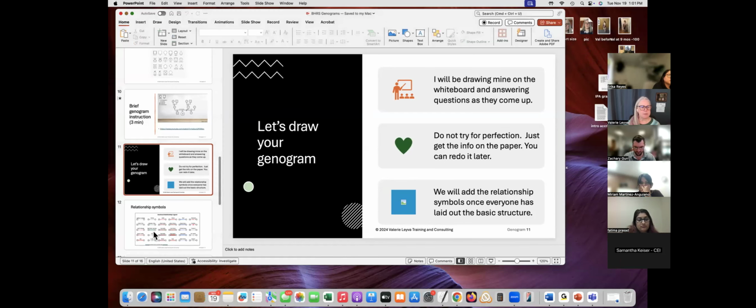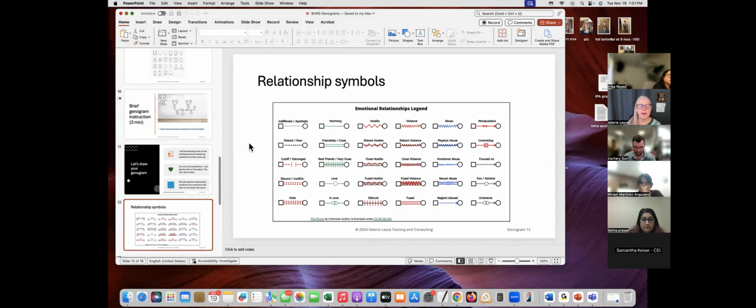And look at relationship symbols. Okay, so this is also where your colored pencils come in handy, or your font colors if you're doing it on time. Here are a bunch of different ways to denote relationship patterns. Most of them are self-explanatory.